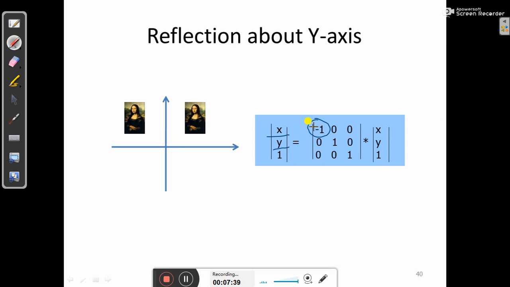Here again you can see -1 is multiplied with the original matrix, and thus you will find the reflection with respect to the y-axis. So the two facts are: when you reflect an object with respect to y, the x value changes. If you reflect an object with respect to x, the y value changes by multiplying with -1.